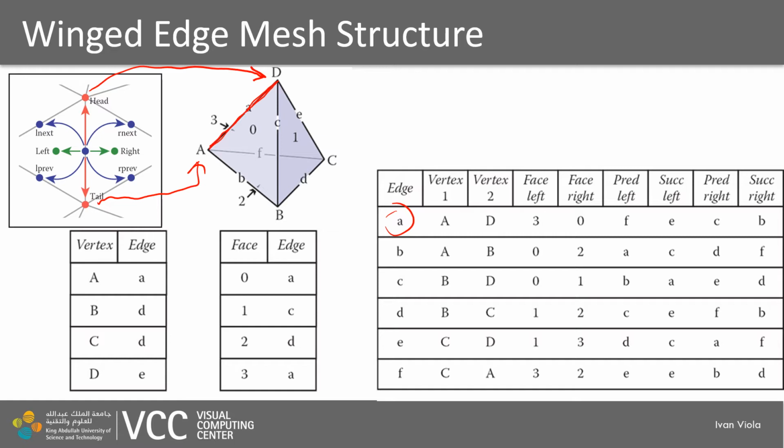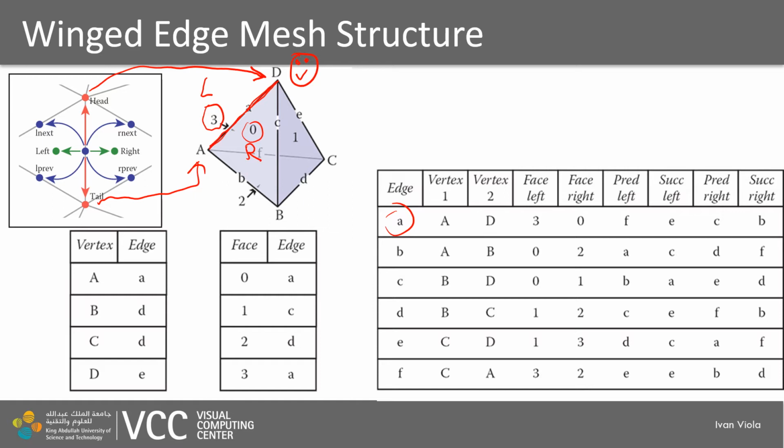So I will draw here a little head so that we can remember where the head is. The left wing will be the face which is called 3. You see, it is the back face, and it's the left wing. The right wing will be the face 0. So this is the left, this is the right.